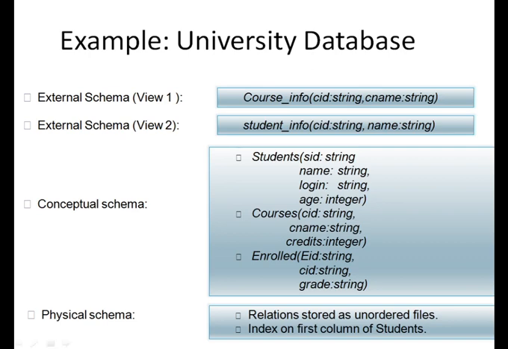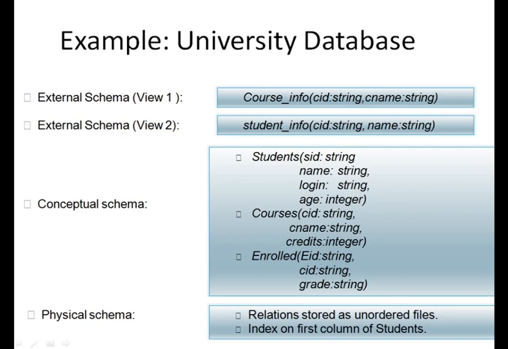So student info is there, course info is there, with the column names and data types of those columns, and how they are interrelated to each other is also shown in your conceptual schema. And at the physical schema, relations are stored in an unordered file, or an index on the first column of the student, where your data gets stored, the path of the data and the overall design of your database.